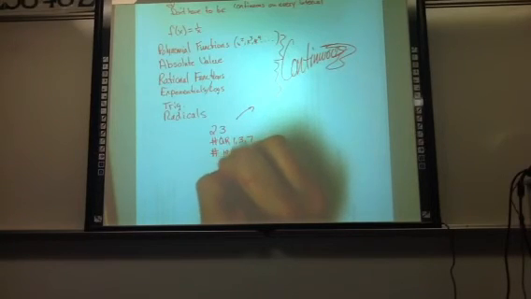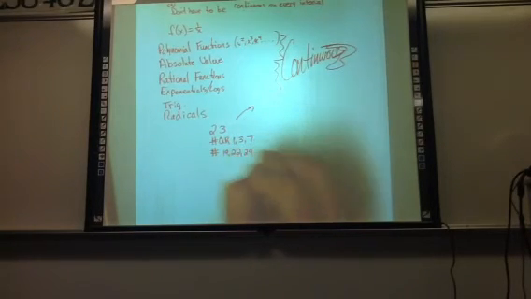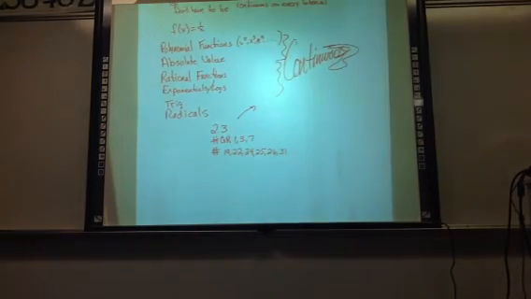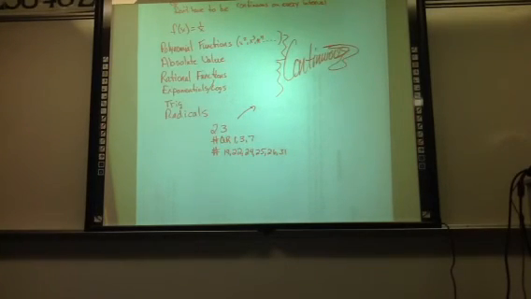Numbers 19, 22, 24, 5, 6, 31. Seems like a lot. Numbers 1, 3, 7, 26, 24. And for you guys listening at home, yes, the homework is still due tomorrow.